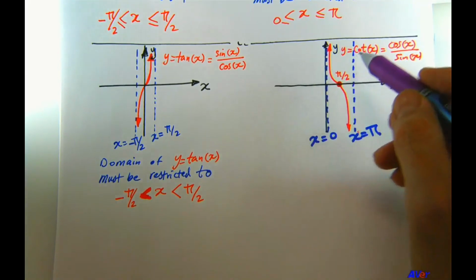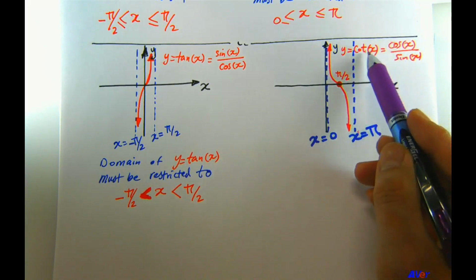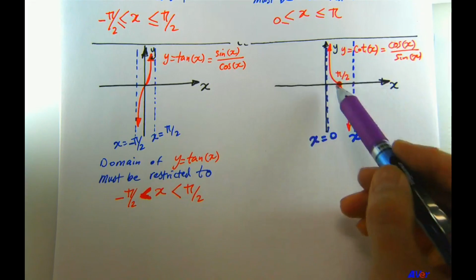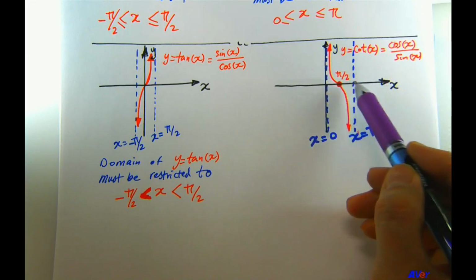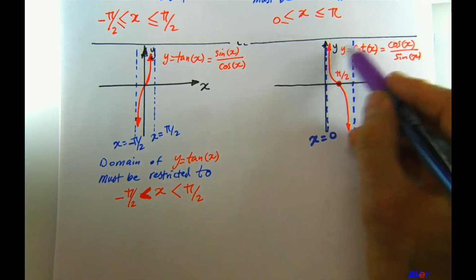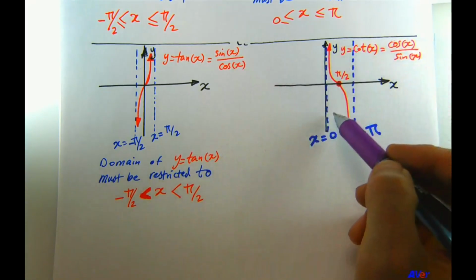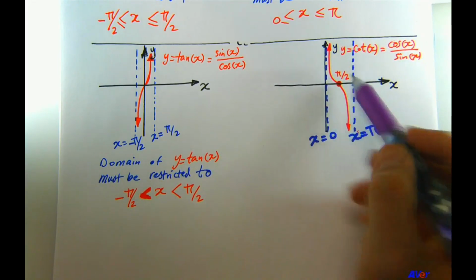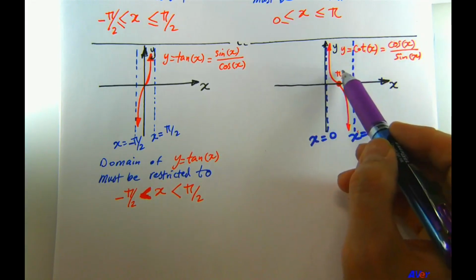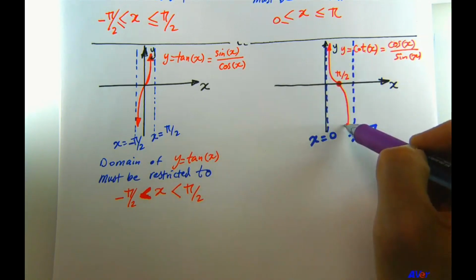Okay, so we need to restrict the domain for the cotangent function to x greater than 0 and less than pi. We can't go further, because if you draw one more of these lines, a horizontal line can be drawn such that it'll intersect that function at 2 points. Remember, this is not the full period, right?